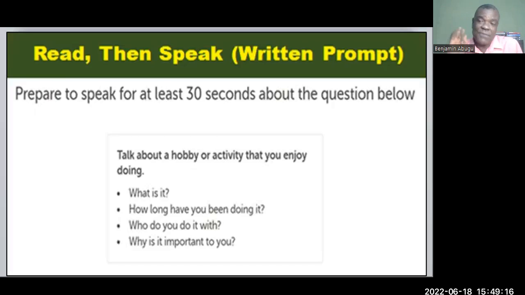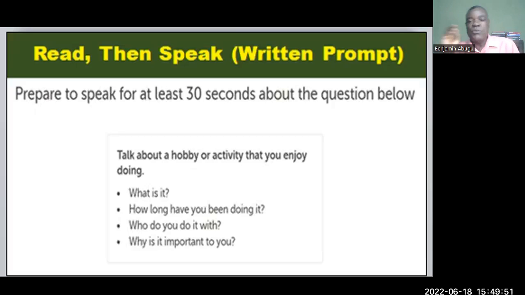And then don't forget that you are given 90 seconds to speak about this, and you have a minimum of 30 seconds, which means, as I said earlier, you should aim to speak for at least between 70 to 90 seconds, okay? Now, you have 20 seconds within which you have to read the written prompt and then understand what you are supposed to do and organize your thoughts, plan, and begin to speak.